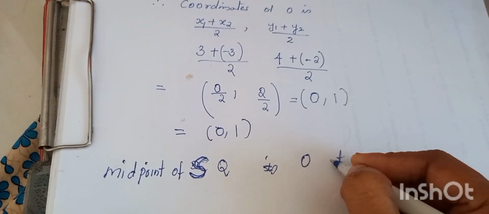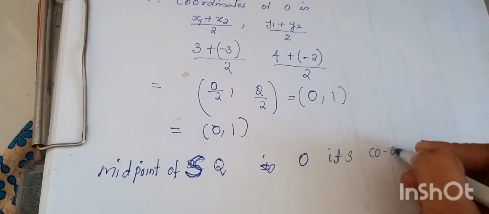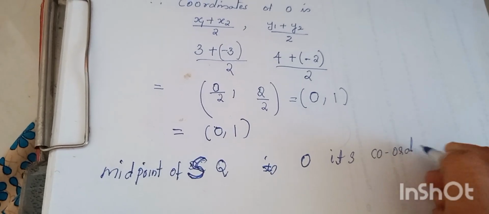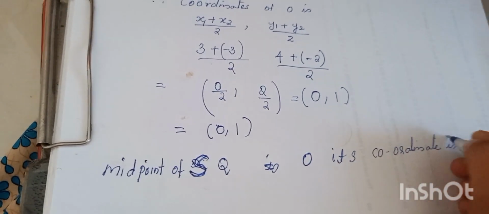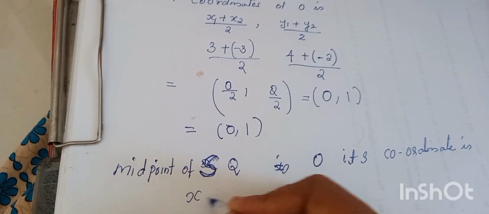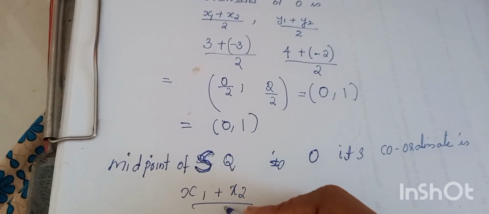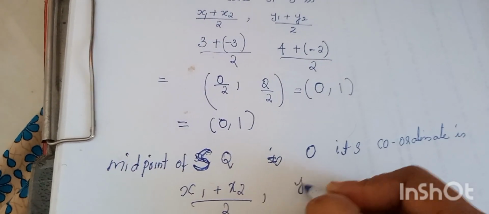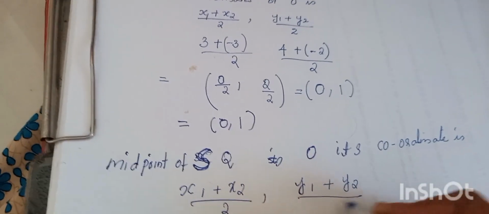Its coordinates is x1 plus x2 by 2 comma y1 plus y2 by 2.